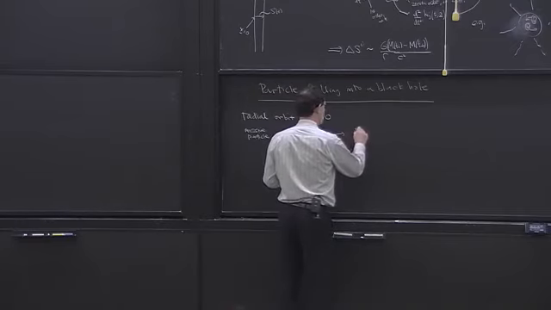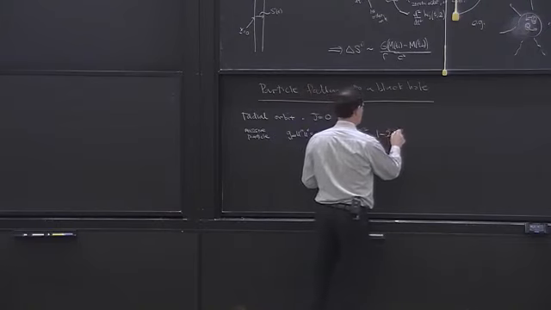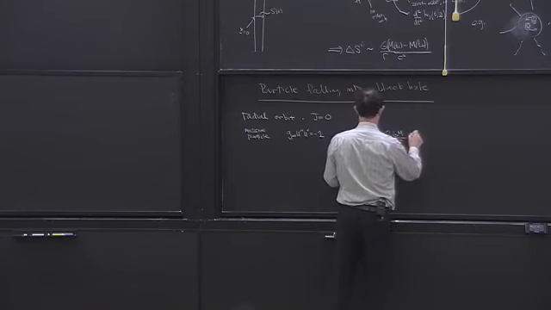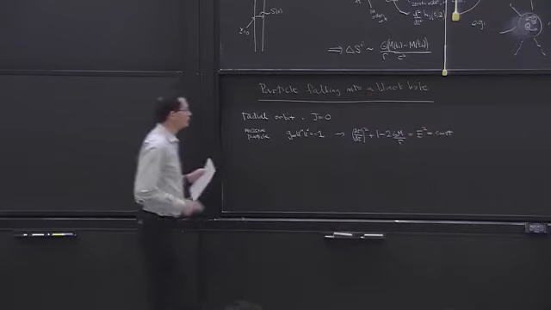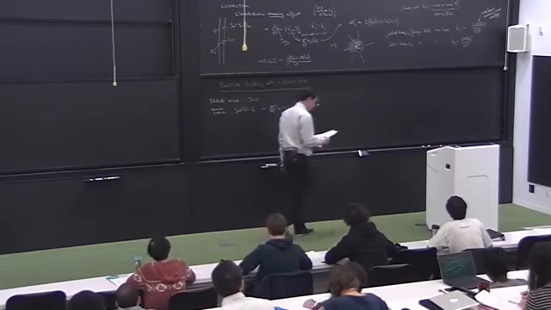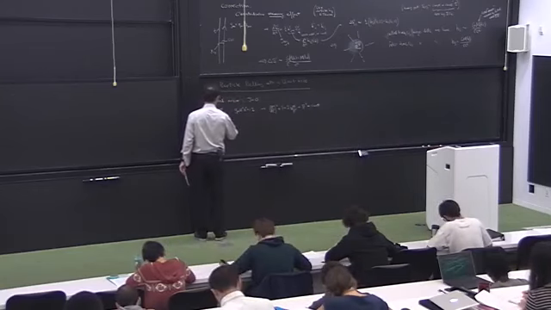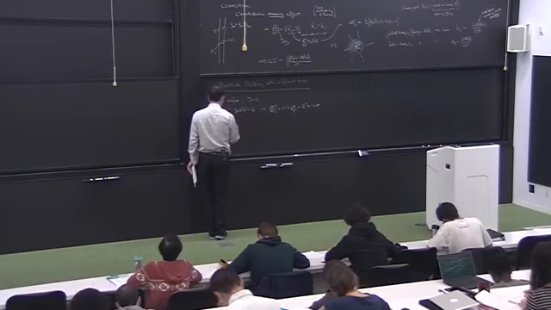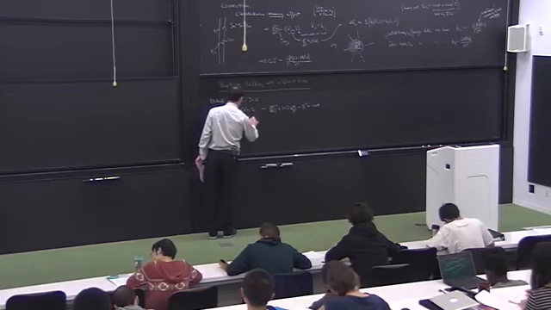reduces to (dr/dTau) squared plus 1 minus 2GM over r equals E squared equals constant. Remember where all these terms come from. This metric has a 1 minus 2GM over r, then you have a t dot squared with a minus sign, plus a 1 minus 2GM over r inverse times r dot squared.